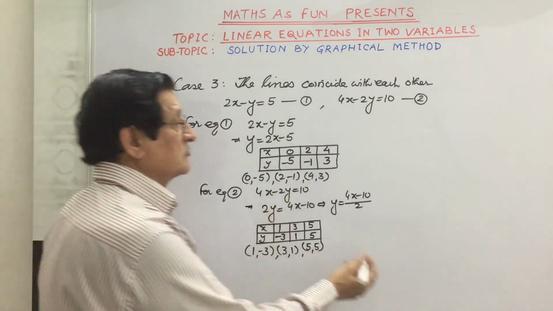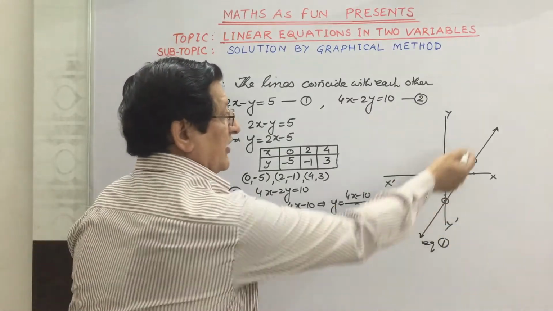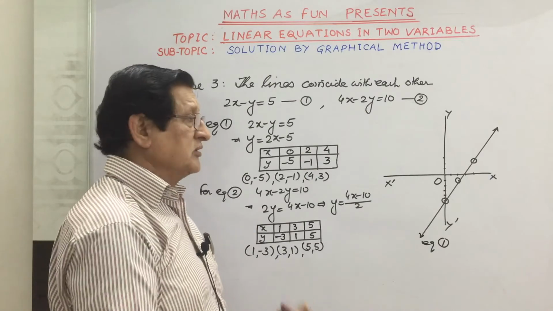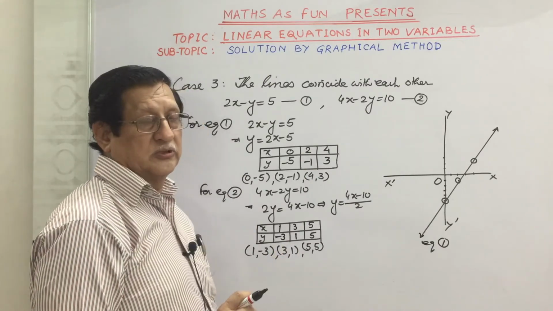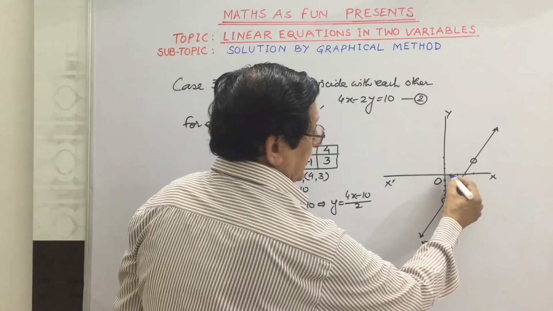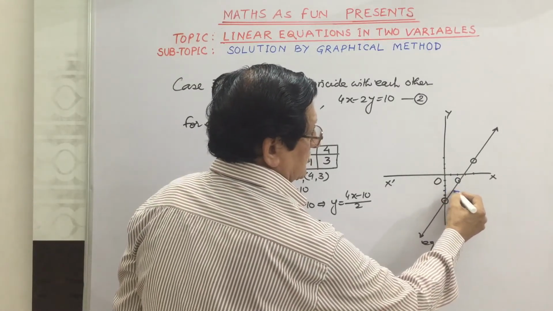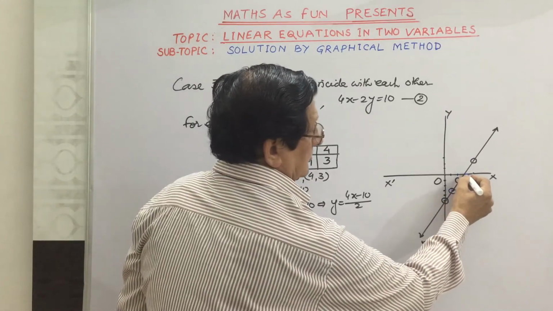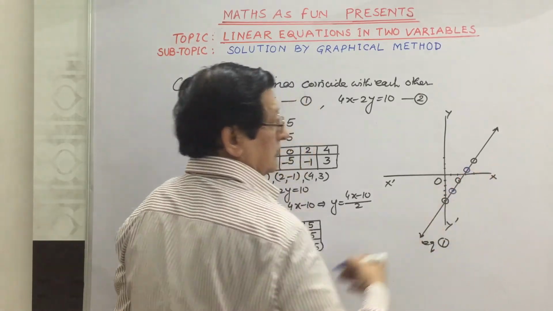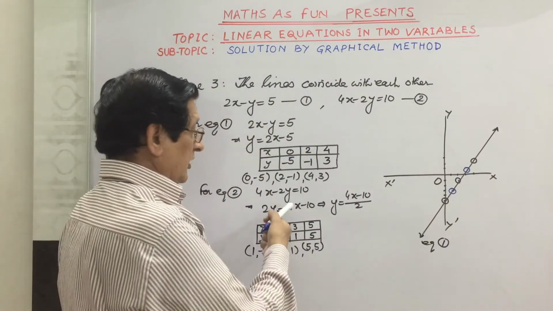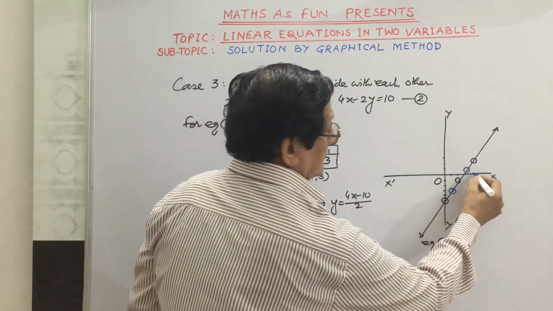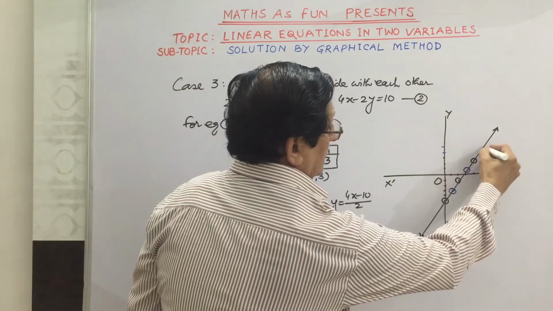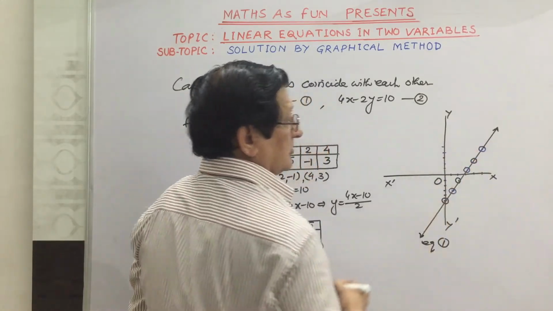Let's draw the graph of these two lines. When we join them, we find a line like this. This is the line for equation number 1. Let us plot the points for equation number 2. (1, -3) comes here. (3, 1) is coming here. Then (5, 5) comes here.